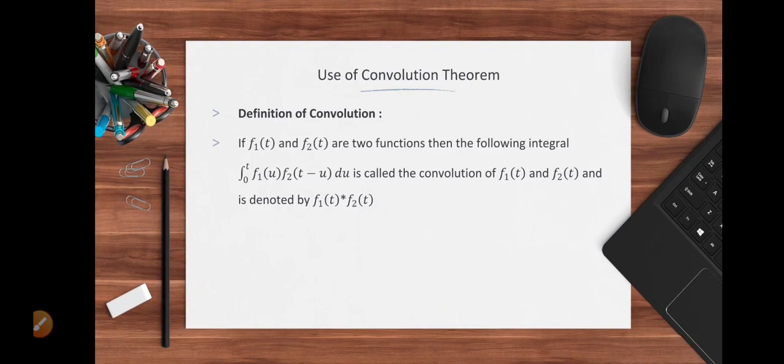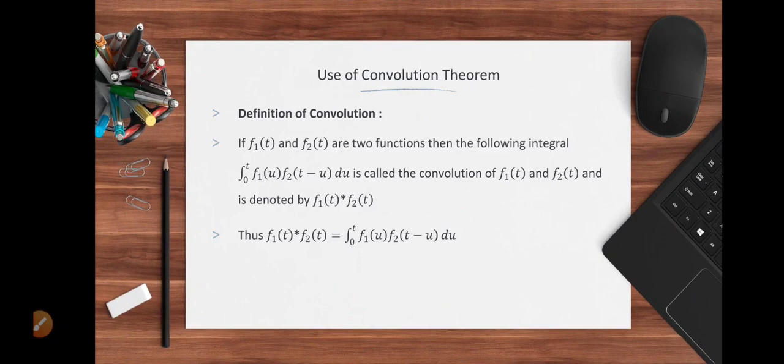So f1 of t star f2 of t, or we can say convolution of f1 of t and f2 of t, is equal to integration from 0 to t f1 of u into f2 of t minus u du.